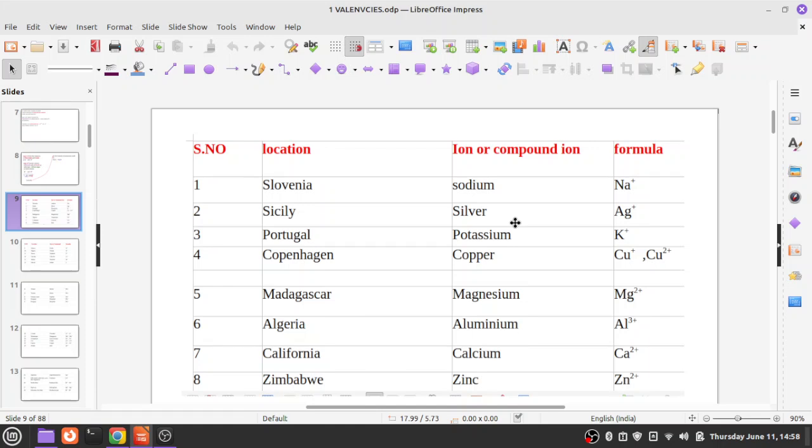But if you link the valencies of the elements and compounds with a story, you can easily remember all the valencies of compounds, molecules, and atoms. What is valency? The meaning of valency and its history are all explained in video one.